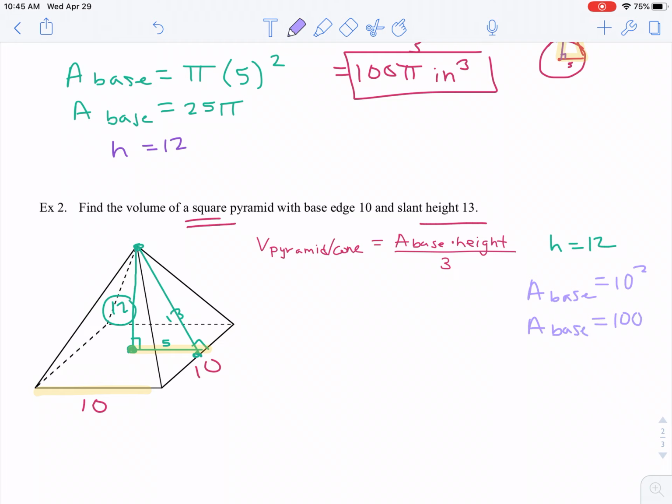So when I find my volume, it's the area of the base, which is 100, times the height, which is 12, divided by 3. So 100 times 12 divided by 3 gives us a volume of 400. Now I can't forget my units, but they didn't tell me any type of unit, so I'm just going to put units squared.